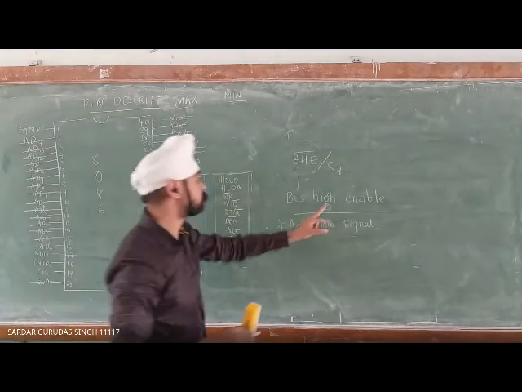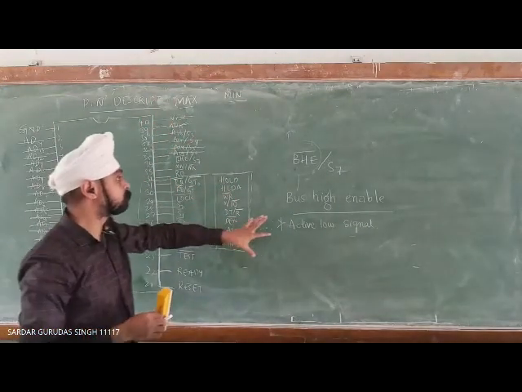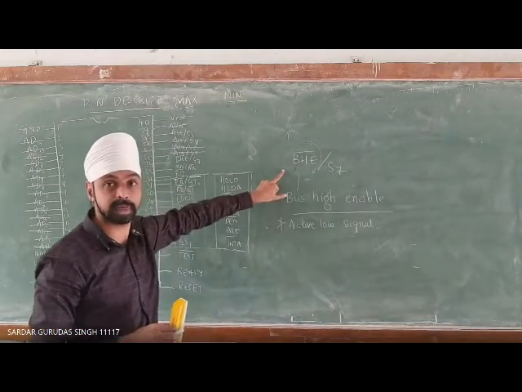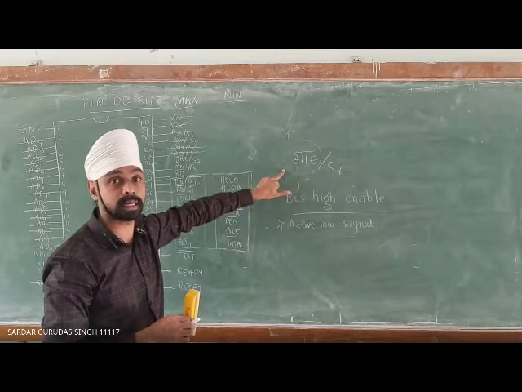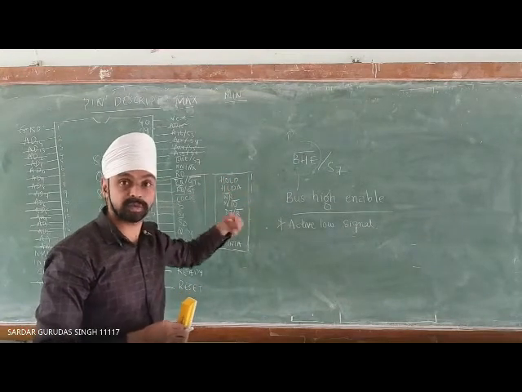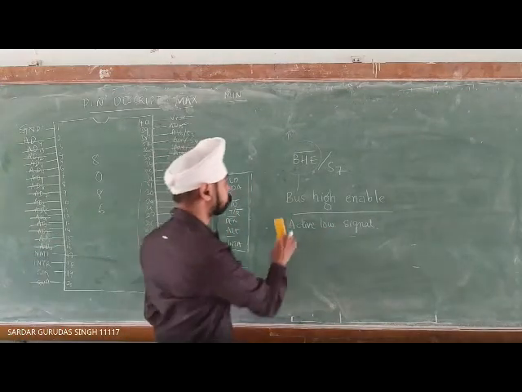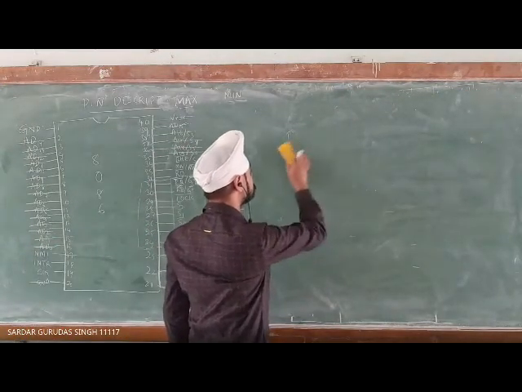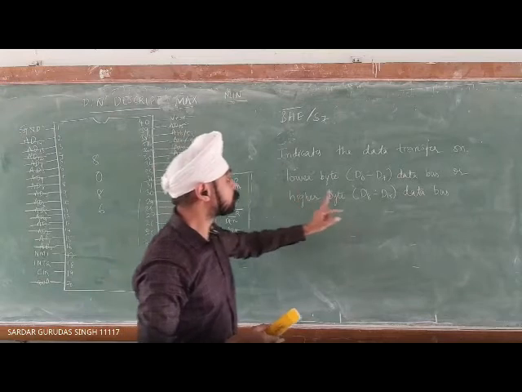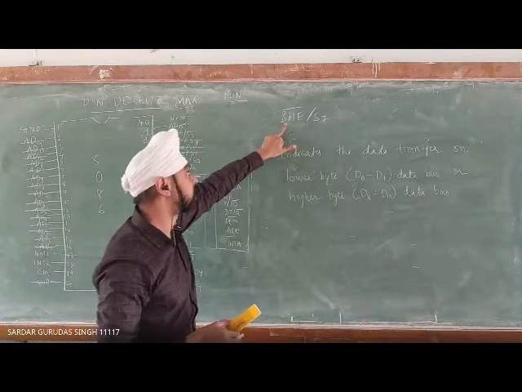Bus high enable, which is an active low signal, is used to know the status of the data that is being transferred on the data bus. Whether the data is transferred on the higher byte or on the lower byte. Whether the data is transferring on the lower byte data bus or on the higher byte data bus, this is indicated by this particular signal, BHE bar.